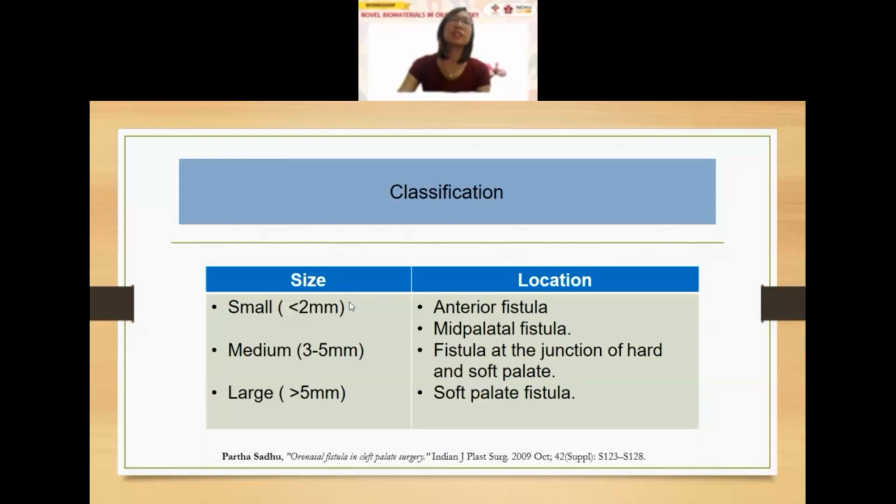Medium, if the fistula is from 3 to 5 millimeters, and large, if the fistula is more than 5 millimeters. The location of fistula can be anterior fistula, mid-palatal fistula, fistula at the junction of hard and soft palate, and fistula in the soft palate.